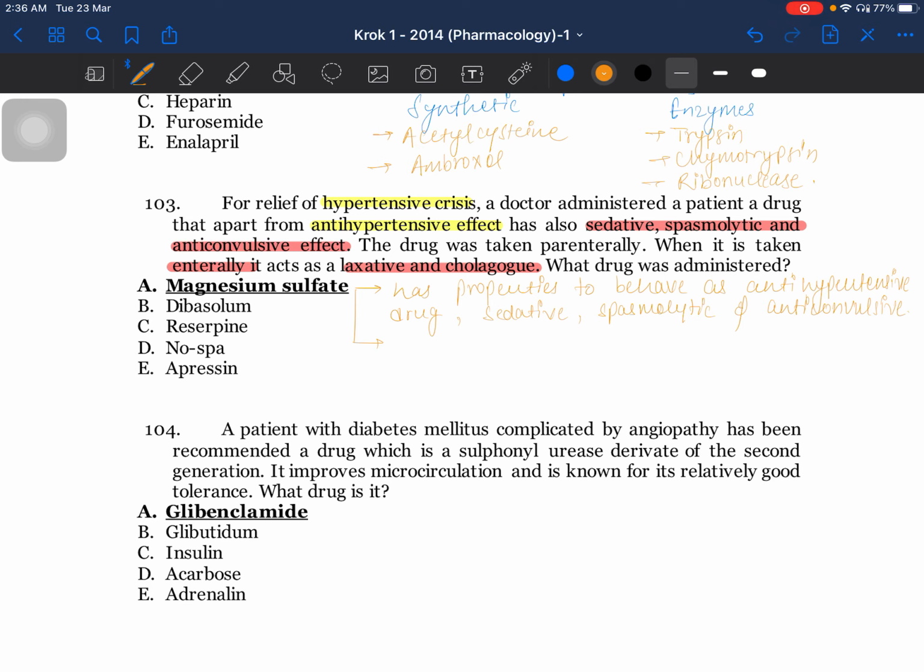But it also causes certain effects, such as it also acts as a laxative and cholagogue.